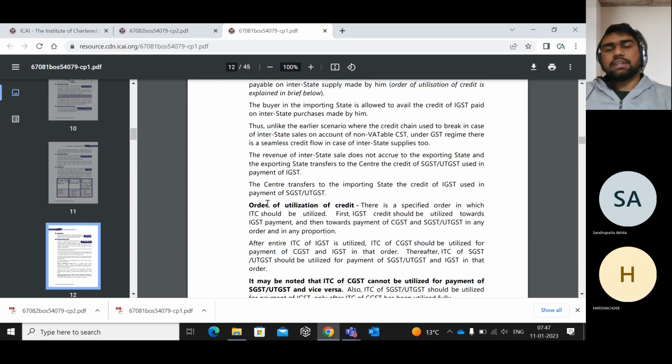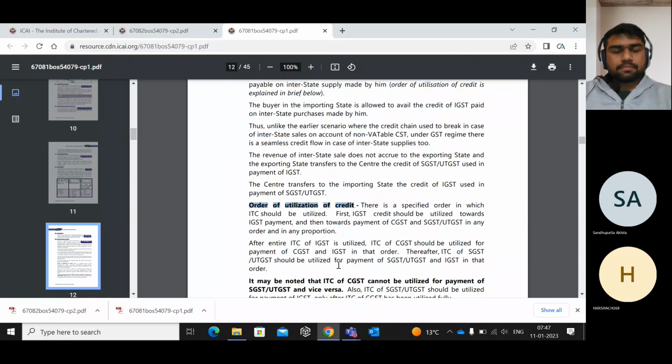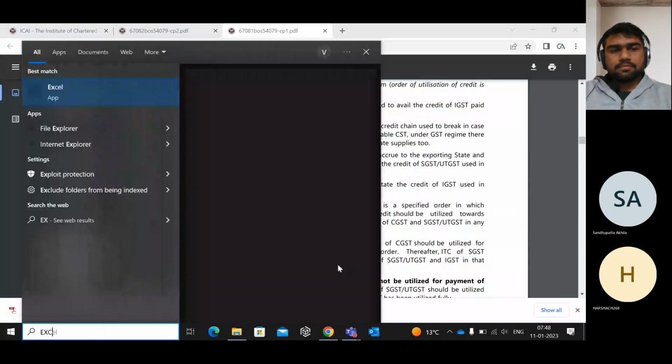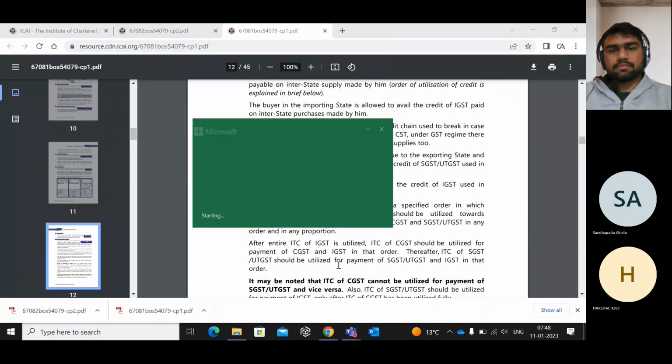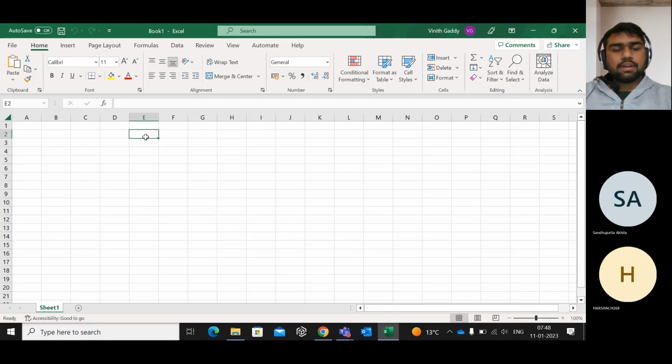And this order of utilization of credit, what does the order of utilization of credit mean? Let's take an example. Person A is there, person B is there.